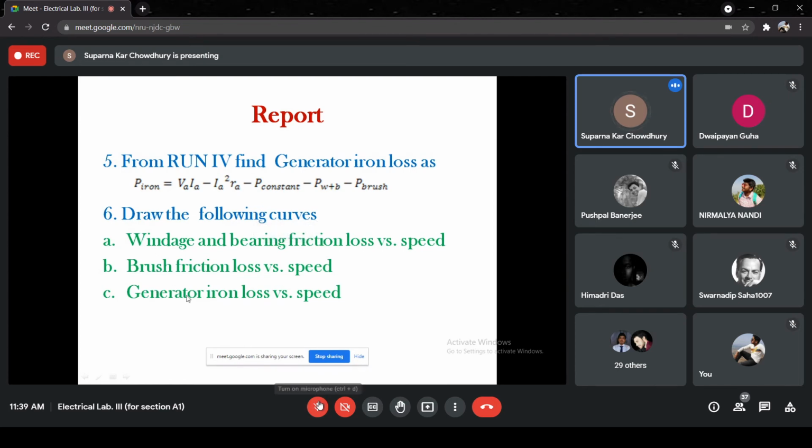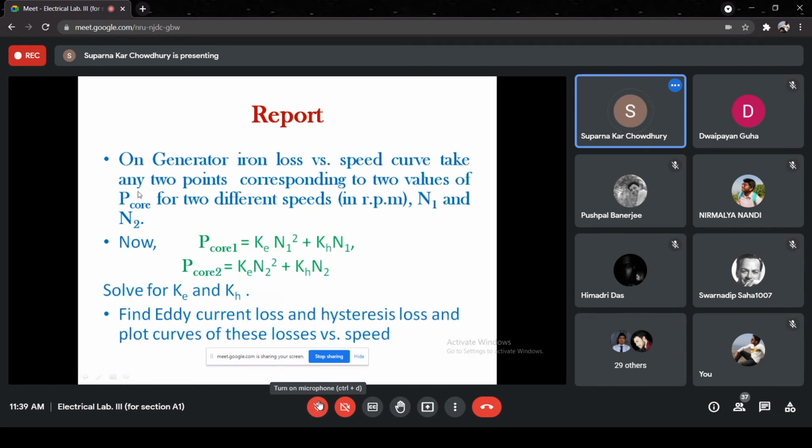Now we have to separate the two components, that is the eddy current and hysteresis loss, from the iron loss. For that, plot the core loss versus speed, then take 2 points on the curve, N1 and N2. It is better to take 2 points in more or less the middle portion of the curve.